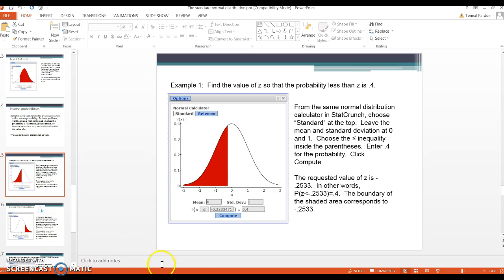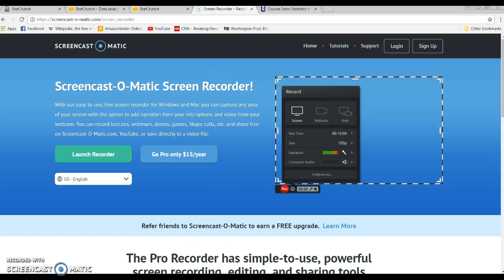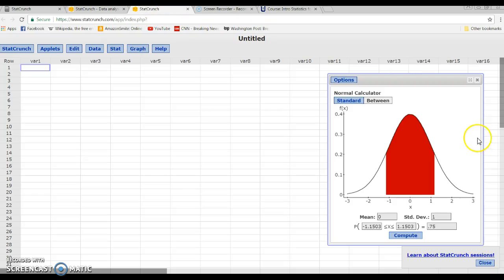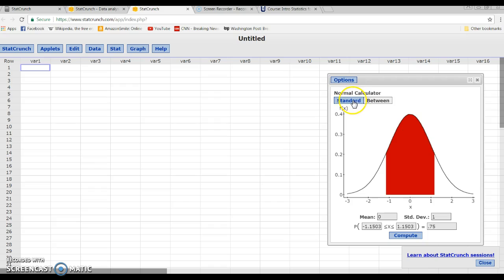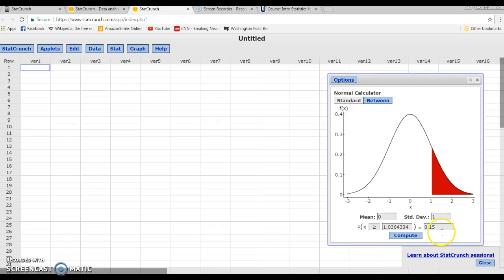Okay, well, it turns out that's pretty easy to do in StatCrunch. So if we go back to StatCrunch, exactly where we were before, under Stat Calculators Normal. We wanted, this is a standard, not a between. So we're looking for 0.4 of the area being to the left.